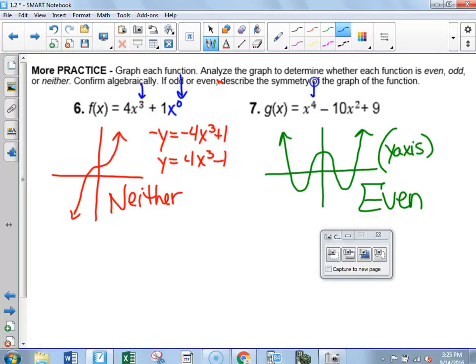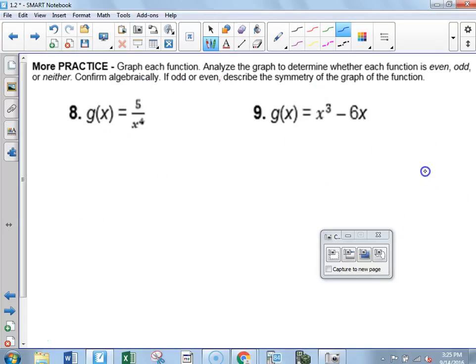Over here, degree 4, power of 2, power of 0. Are those all even powers? Yes. Okay. Turned out to be an even function. This one has a denominator, so it could be kind of tricky, but it does have an even exponent. Did anybody graph it?